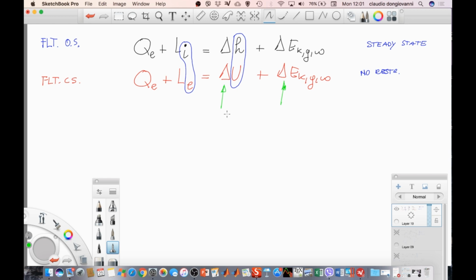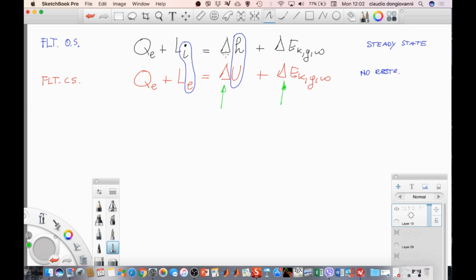Are you able to explain them? These deltas are totally different. No. Delta, what does it mean? When you see a delta in a formula, what does it mean? Change. Okay? Delta means change.